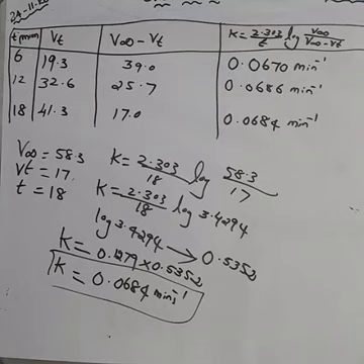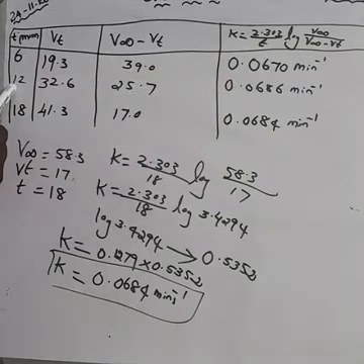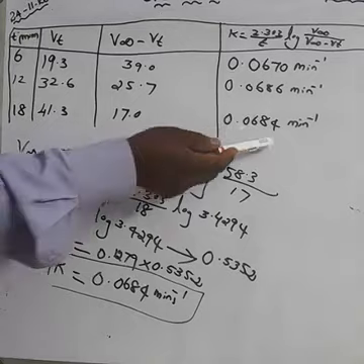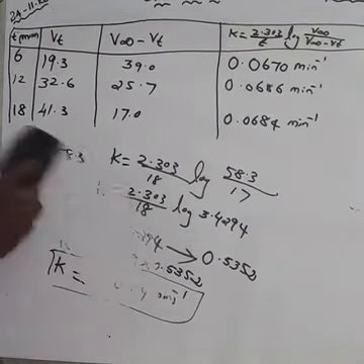What about the third value? The first 6 minutes we get 0.06, second 6 minutes 0.06, the third also 0.06. Am I right? It's almost the nearest value. It's not a correct value, but it's almost the nearest value. Okay, we shall take it like that only.